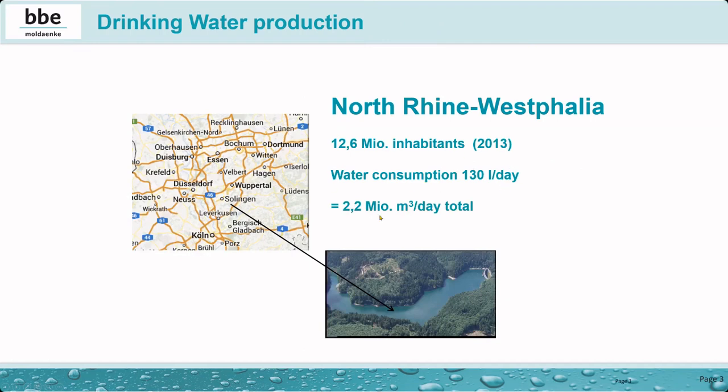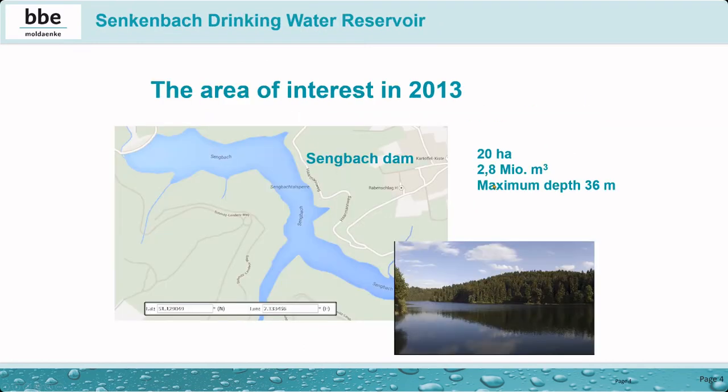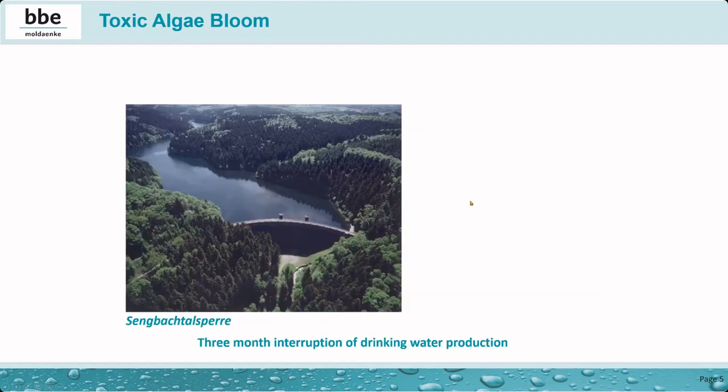They have 2.2 million cubic meters a day in this dam, and they give drinking water to this area here. The Seckenbach Talsperre, or Seckenbach drinking water reservoir, is 20 hectares, 2.8 million cubic meters, and the depth in the middle is 36 meters.